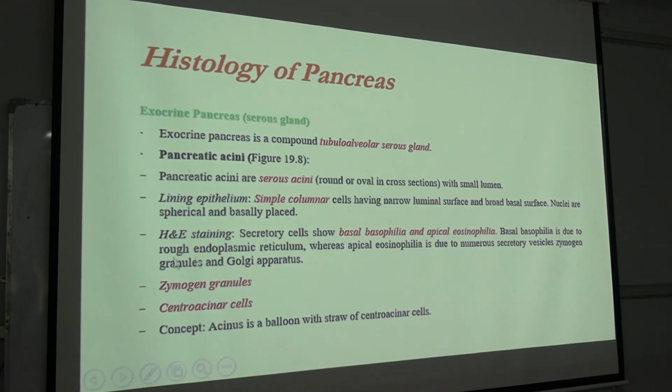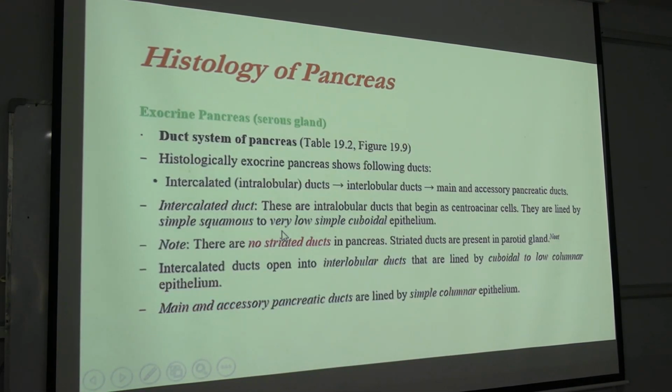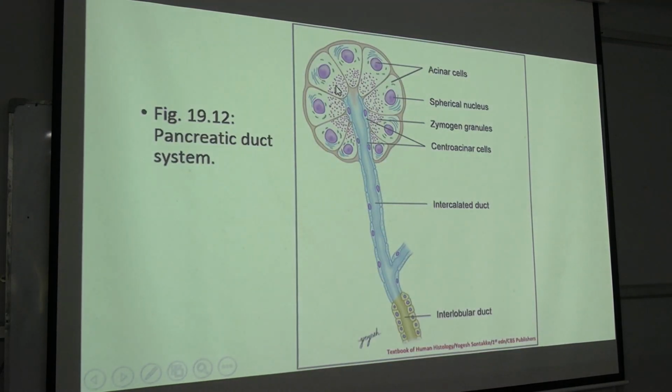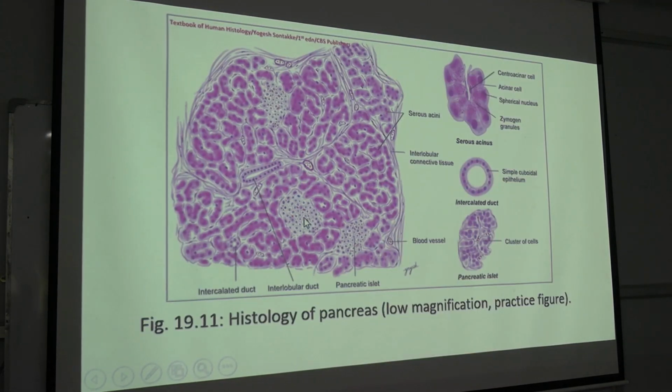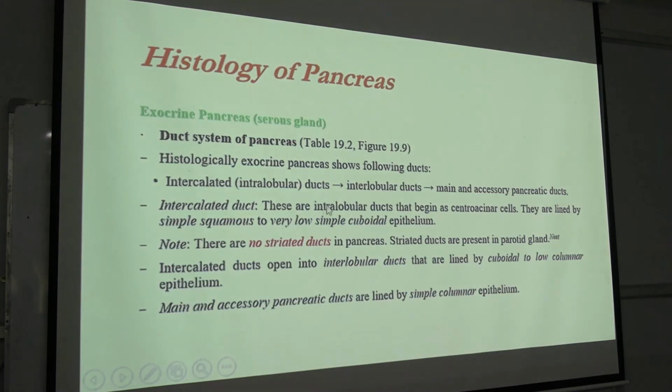We call them zymogen granules, which appear as dots. They are filled with digestive enzymes, which are liberated into the duct system.